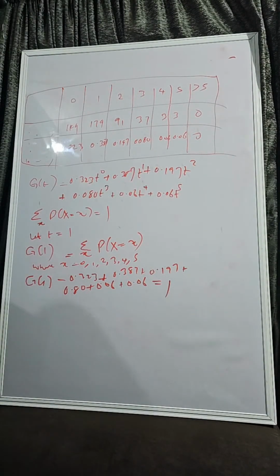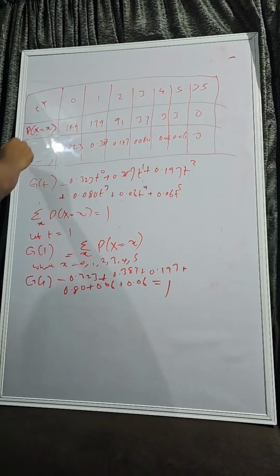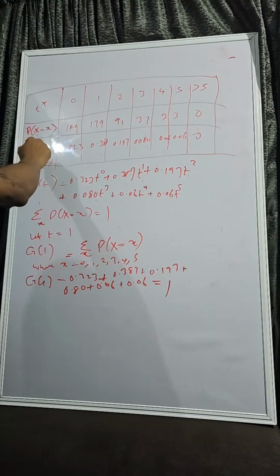To convert it to PGF form, this will turn to t to the power x. This will turn to probability of x equals x. And last but not least, we'll have t to the power x times P of X equals x.